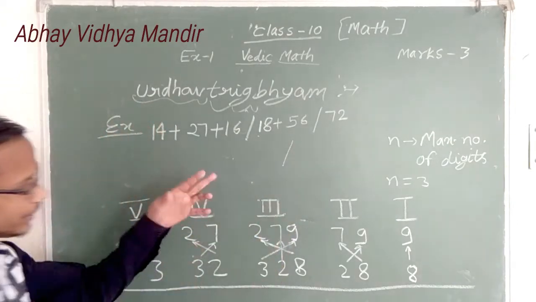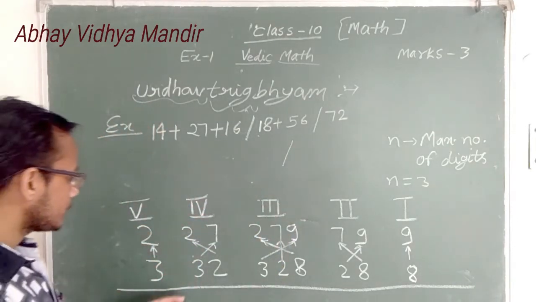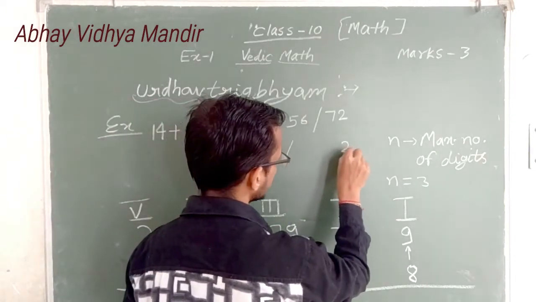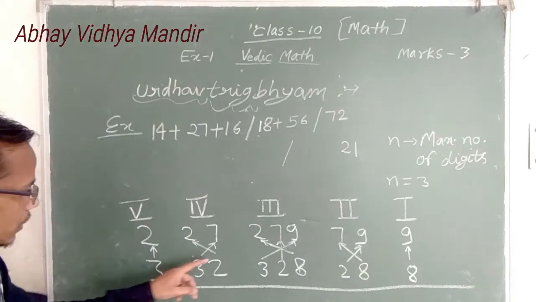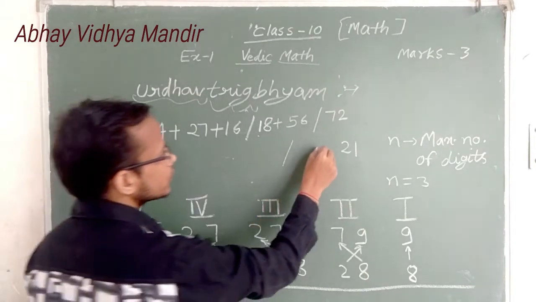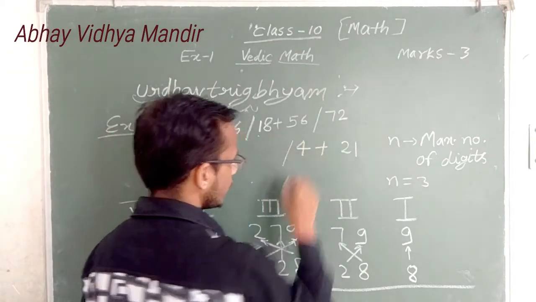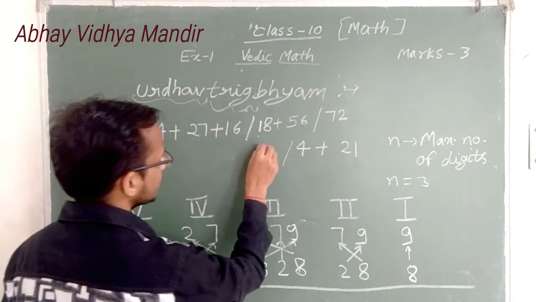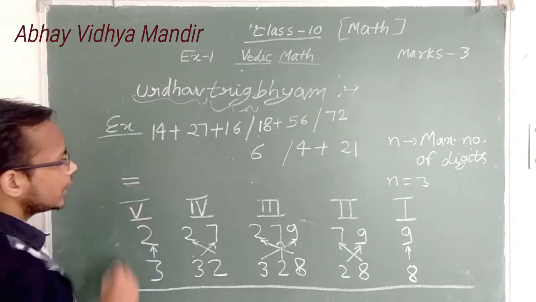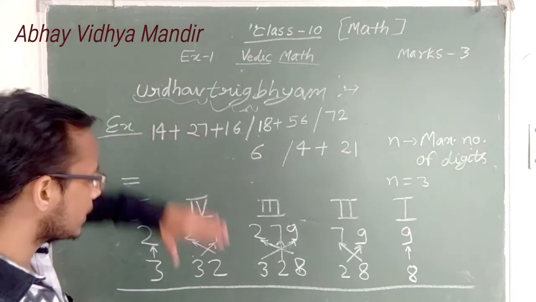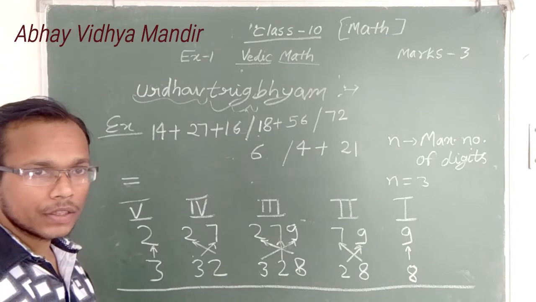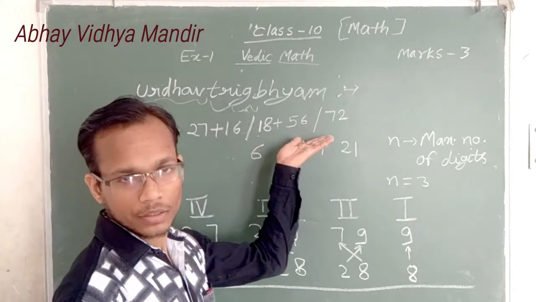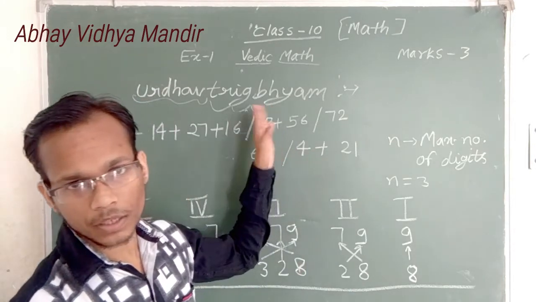Okay, for the next term, oblique. Then 3 into 7, 21, and 2 into 2, 4. And then 2 into 3, 6. This is completed. I have no space, so I am writing this step here.